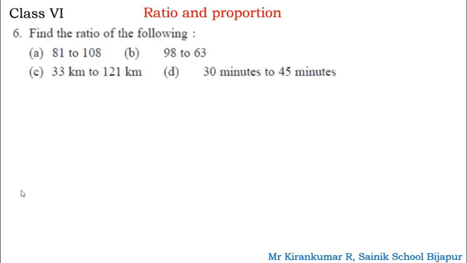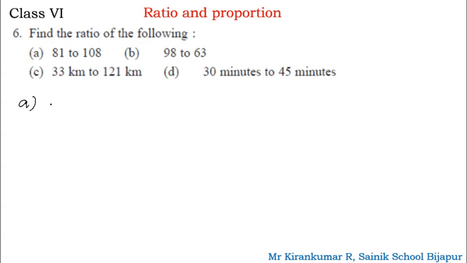Question number 6. Find the ratio of the following. The main thing you must note is they should have the same unit. If the units are not given, we can straight away find the ratio. If the units are given, we have to see that the units are the same.